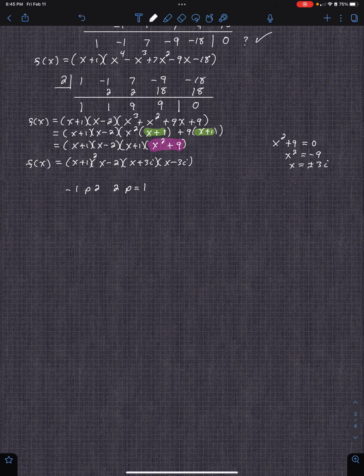Okay, so plus or minus 3i are not real roots, therefore not x-intercepts. Okay, so essentially we just don't graph those, but it is factored completely.